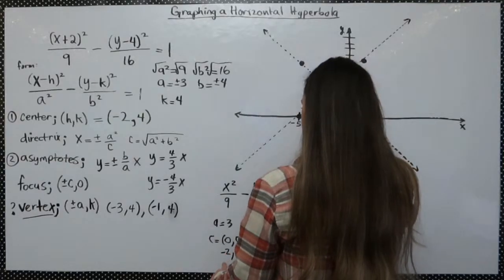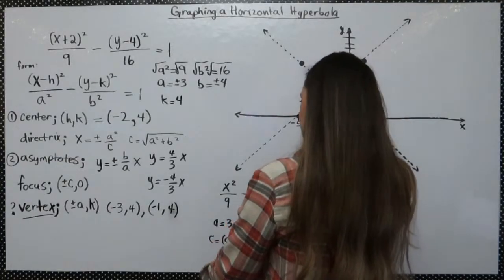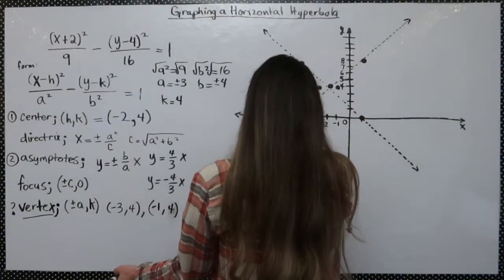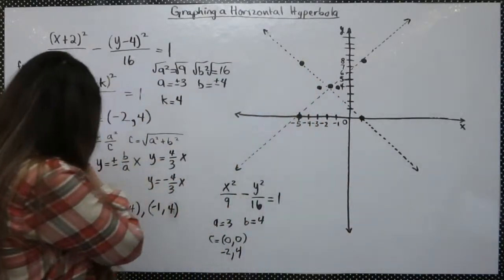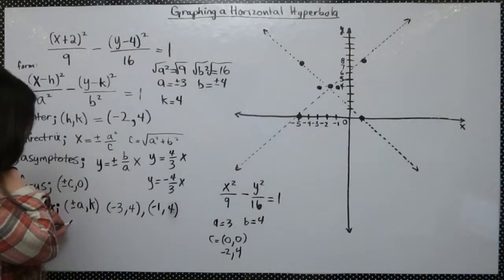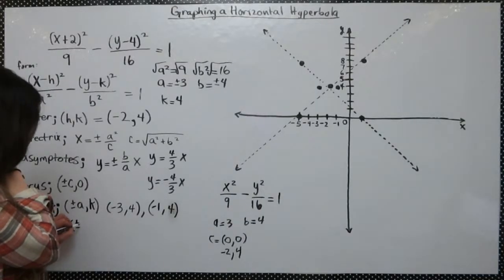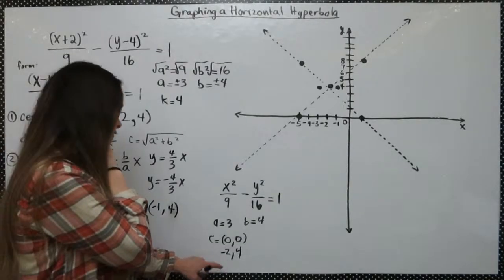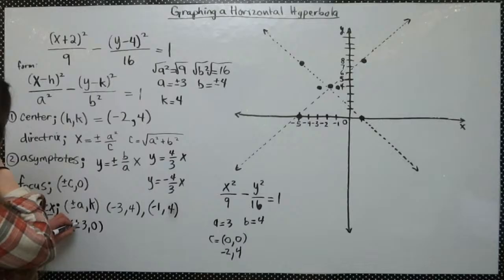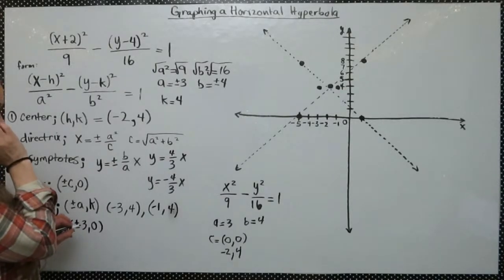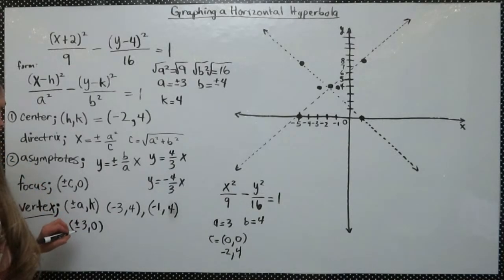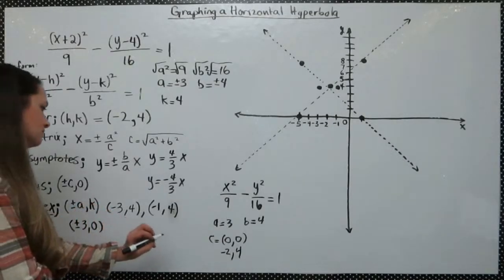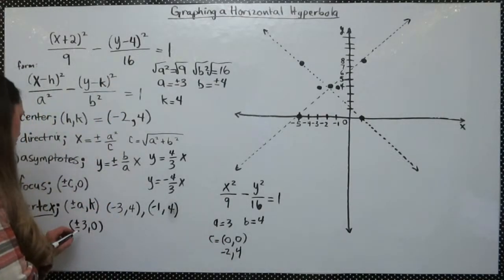So we're going negative 2 and up 4 from 0, 0. Because the vertex would be at plus or minus a, which was 3, 0, only we had to shift the graph down 2. So the x value is getting shifted 2.